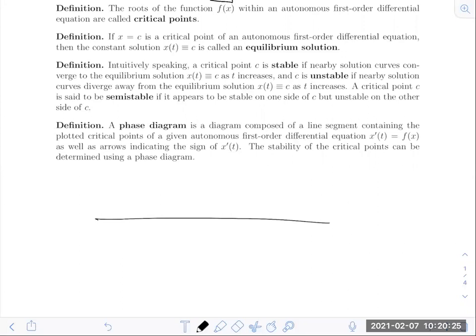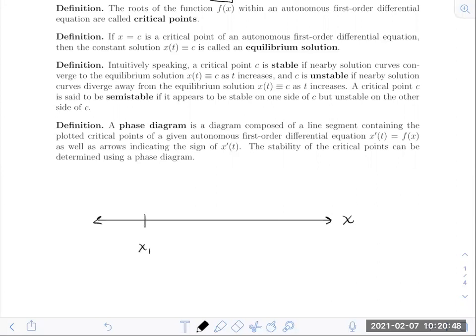We're going to have a portion of the real number line here. Keep in mind that your number line is in terms of x in this case. So rather than t, I should write x. We're finding x values, and then we want to plot our critical points.